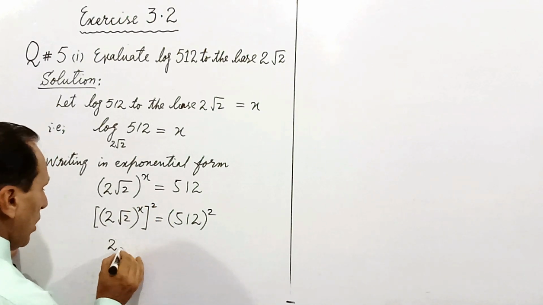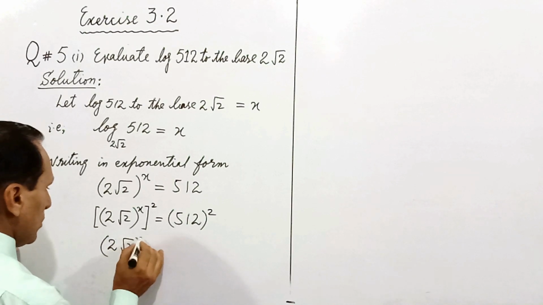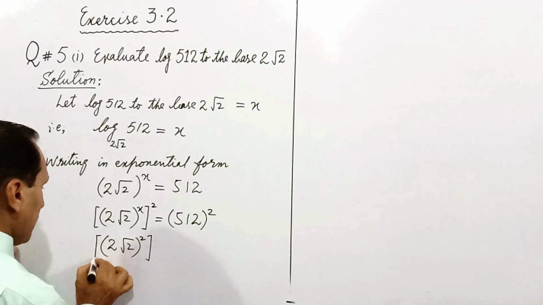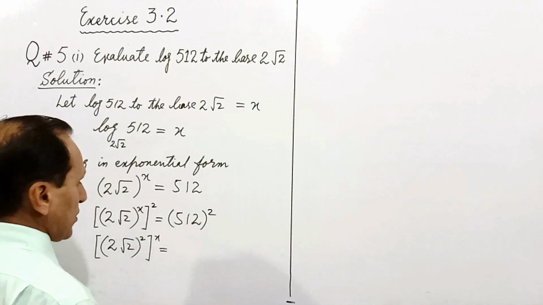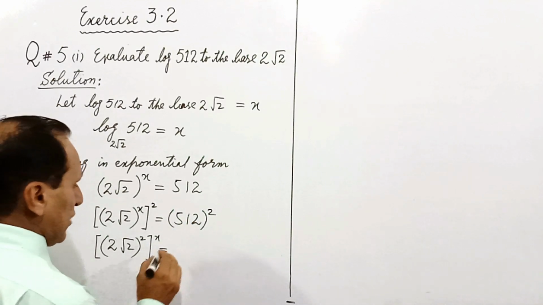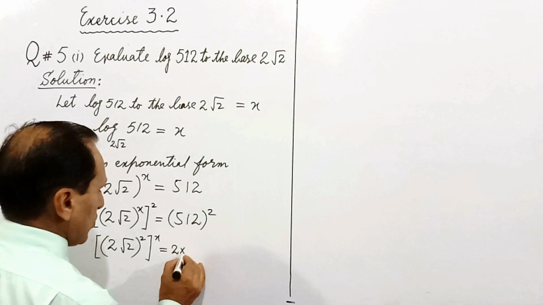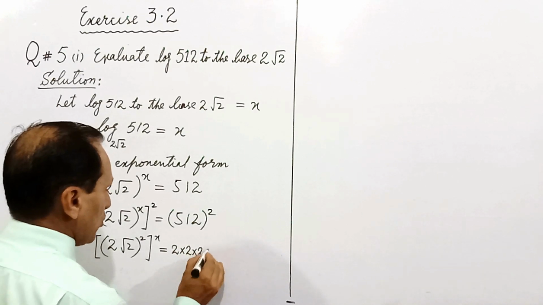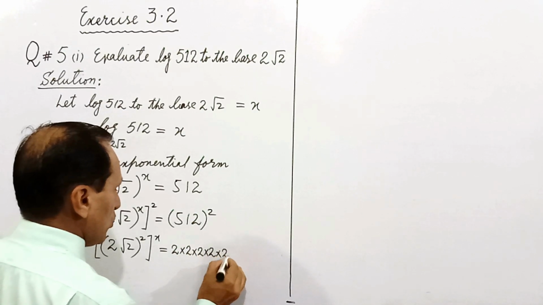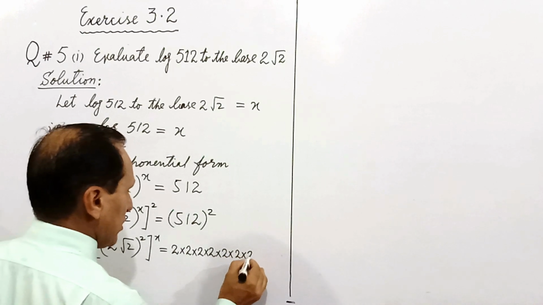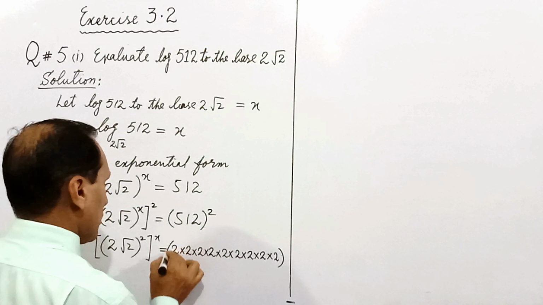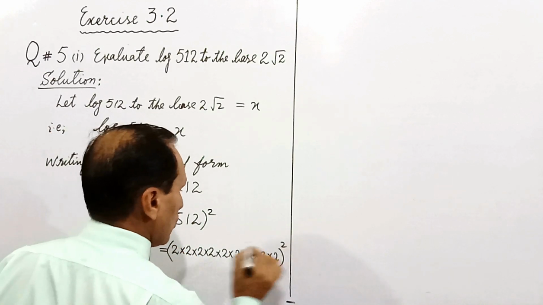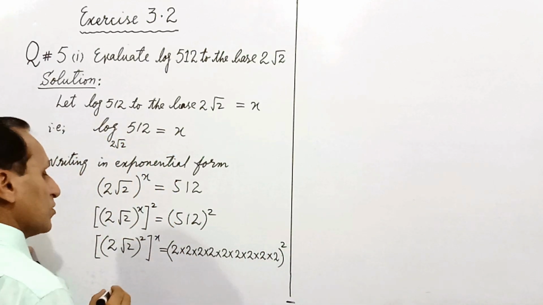So 2 under root 2 whole square whole power x is equal to, as 512 is a composite number, so we find its LCM, and that will be 2 times 2 nine times. So 9 times 2 is equal to 512.